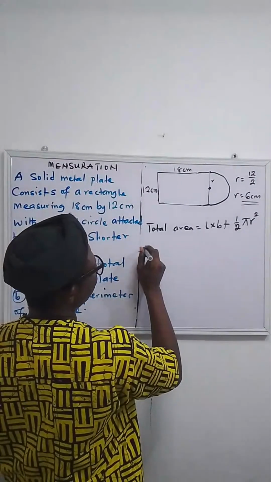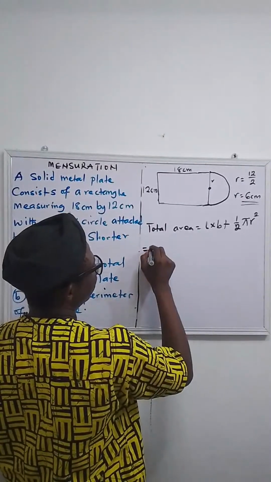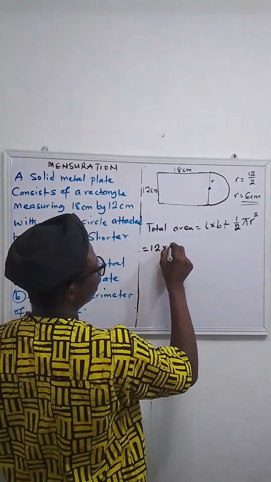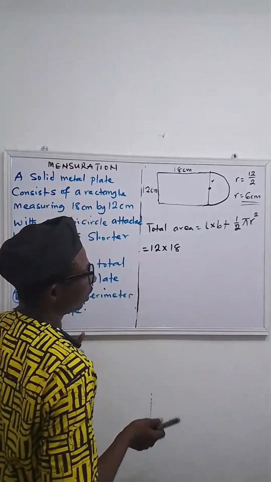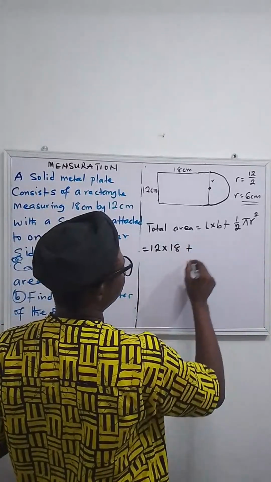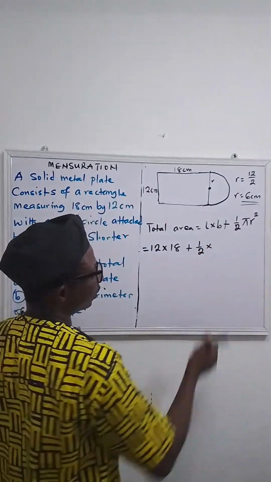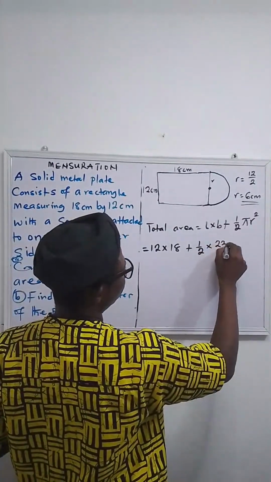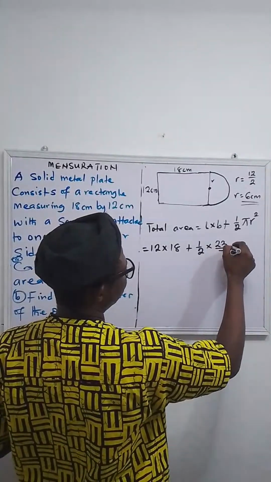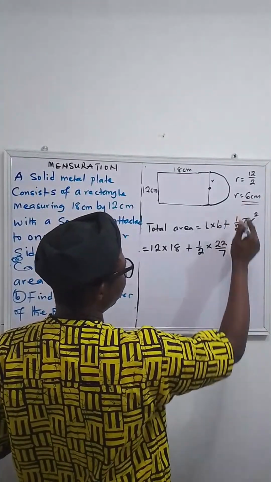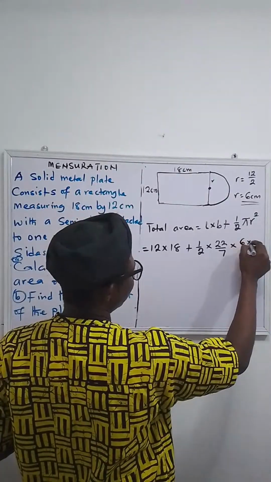So now we have 12 times 18, plus 1 over 2 times 22 over 7 times r squared. R is 6. We have 6 times 6.